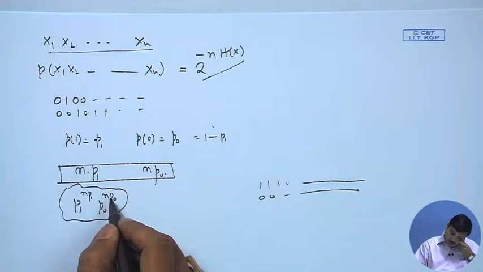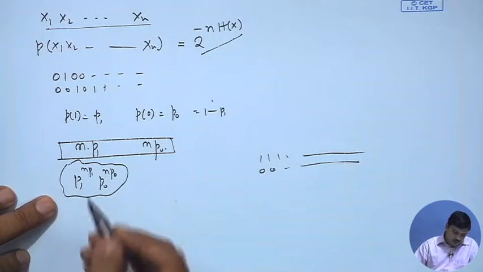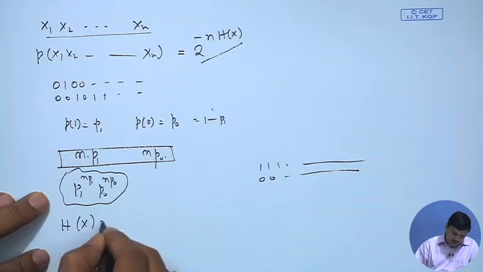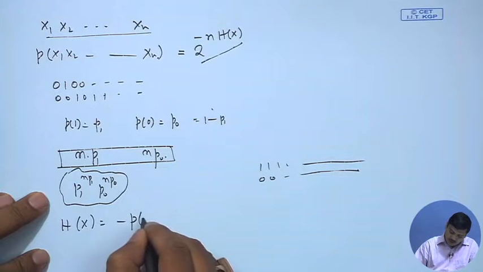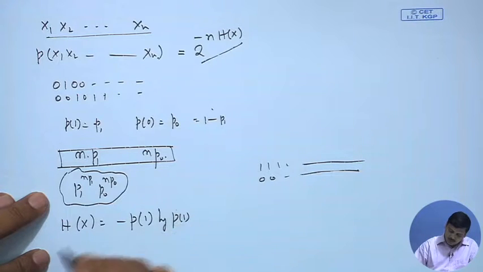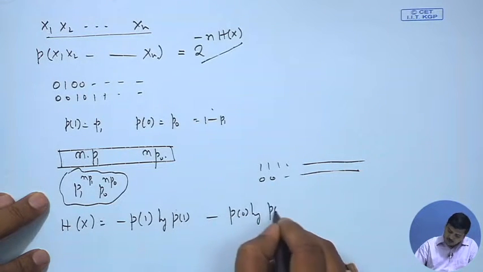and p0 to the power of n p0. Now, if I ask what is Hx, Hx is basically minus p1, the probability of getting a 1, times log of p1, minus p0 times log of p0, the probability of getting a 0.